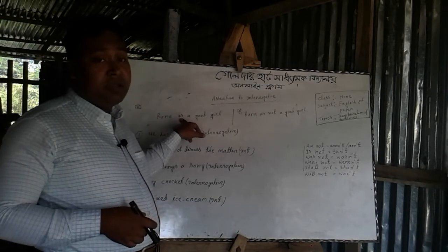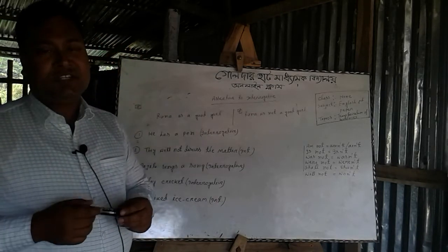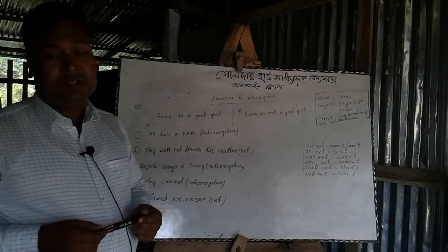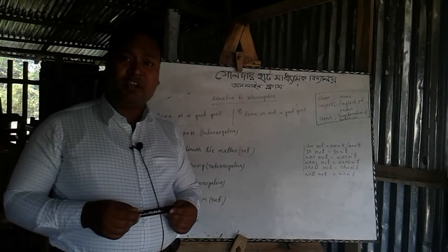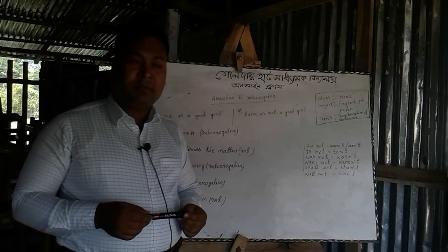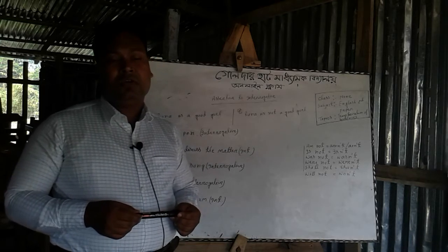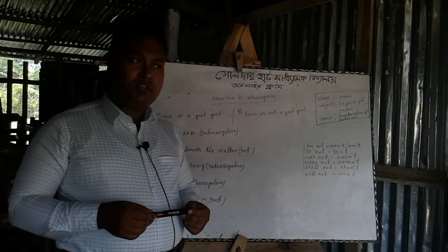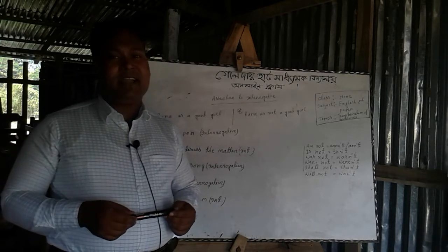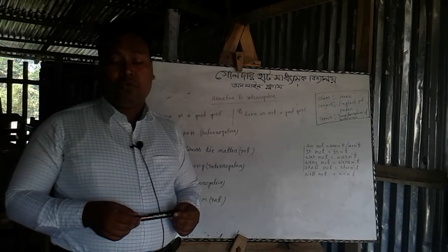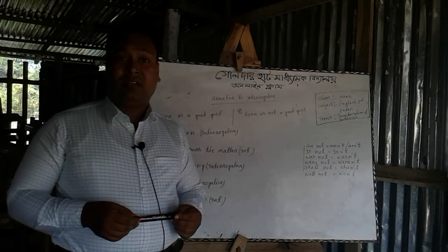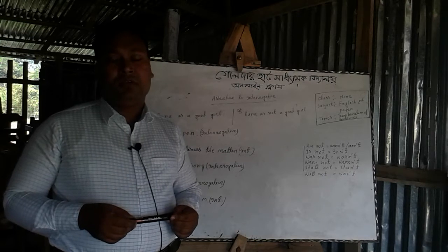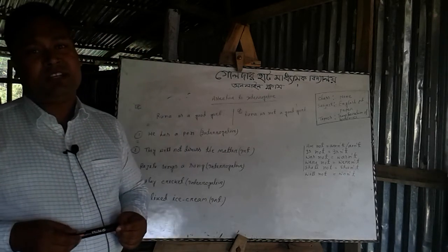If any sentence has an auxiliary verb and if not is not used after that auxiliary verb, and we want to transform that kind of sentence into interrogative, we should write that auxiliary verb before the subject of that sentence.